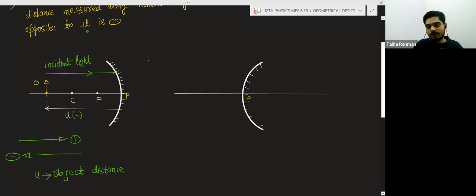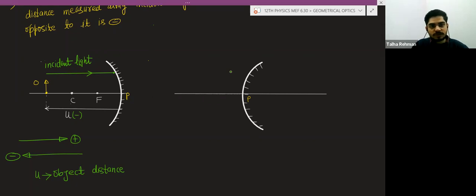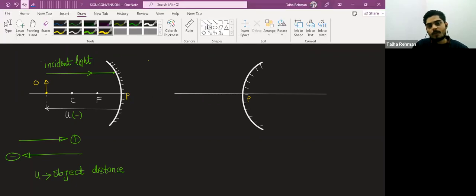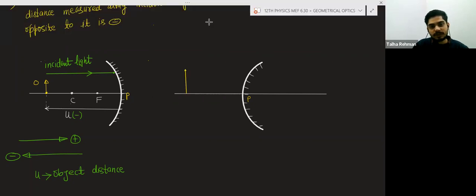The distance of the object, object distance, we will always measure from the pole. So this is the incident light. Now for this mirror, suppose this is the object, and from this object this is the incident light.